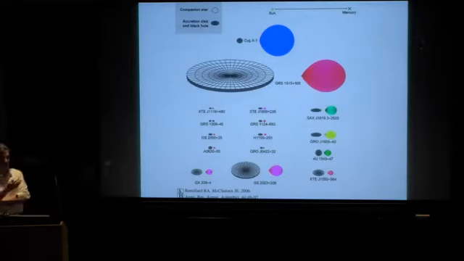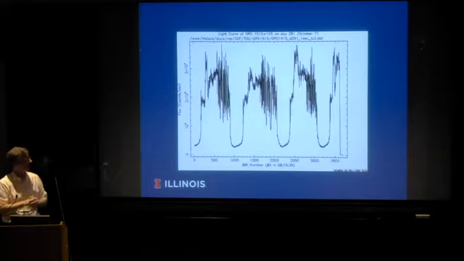So it exhibits all kinds of interesting behavior. I'll show you an X-ray light curve from the Rossi X-ray Timing Explorer. You can see that there is periodic behavior here in the X-ray emission, which we think is coming from very close to the black hole. And there's some kind of structure here which we ought to be able to explain with a good theory of black hole accretion.